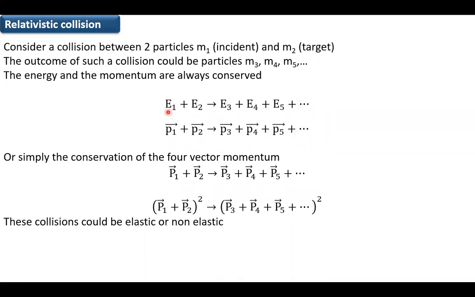Okay, you can combine these two equations into only one equation, which is the conservation of the 4-momentum, or the 4-vector momentum, with a capital P. So the total initial 4-momentum, P1 plus P2 before collision, is equal to the sum of 4-momentums after collision, P3 plus P4 plus etc. Why the 4-momentum? Because it includes both these equations.